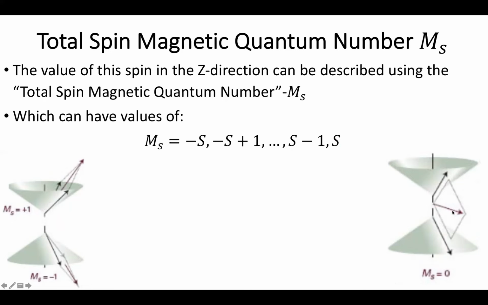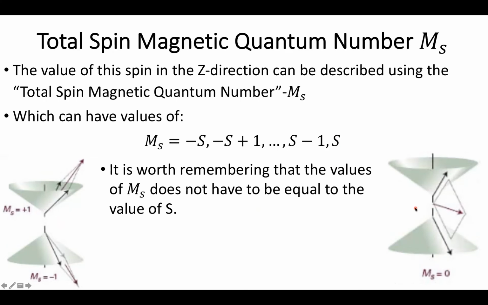It's just now going in the xy axis, which brings me to a very important point, which is that the values of our magnetic quantum number don't have to be equal to the value of S. So if I have an S of 1, I can have a magnetic number of 0. And just because I have a magnetic number of 0 where one electron is up and one electron is down doesn't mean that their spins completely cancel. They can still be aligned in some other direction than the z.